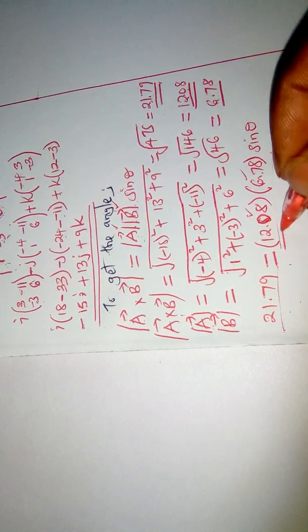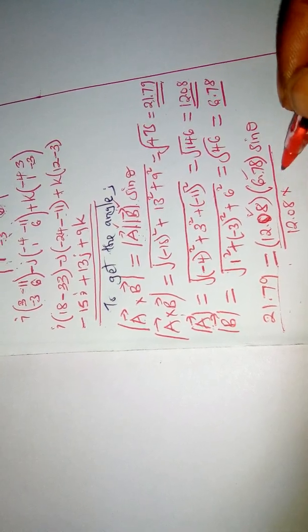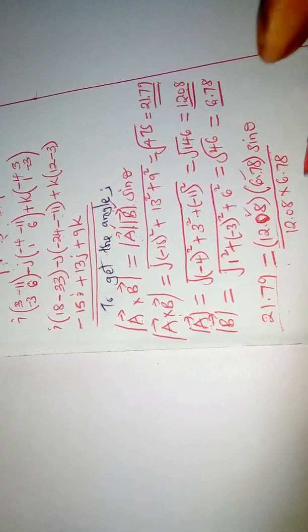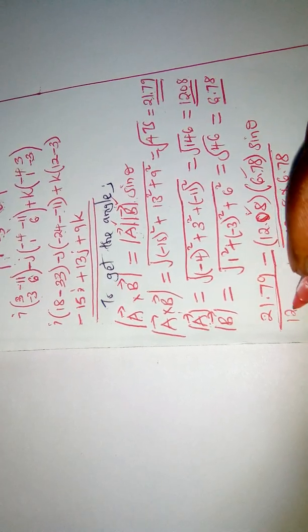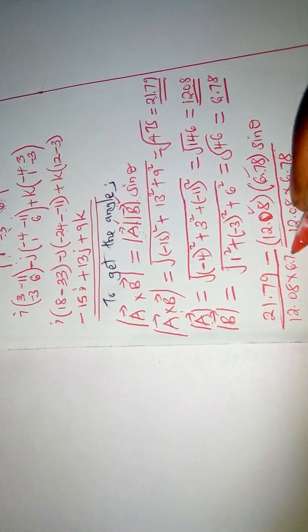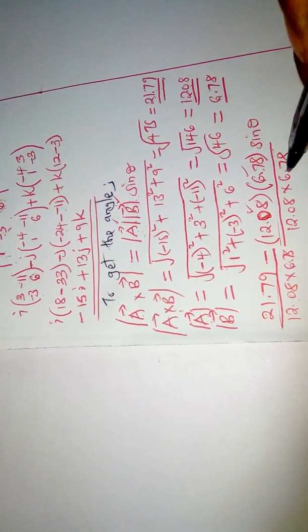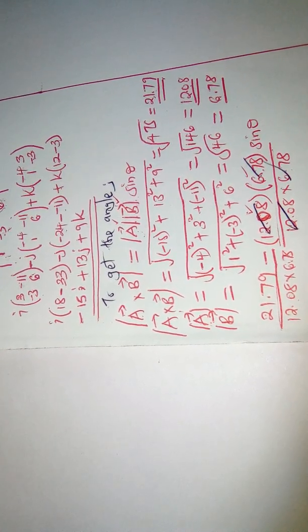So I'll divide by 12.08 times 6.78, and the same thing I do on the other side, 12.08 times 6.78. So this one goes, then I will end up with sine theta.